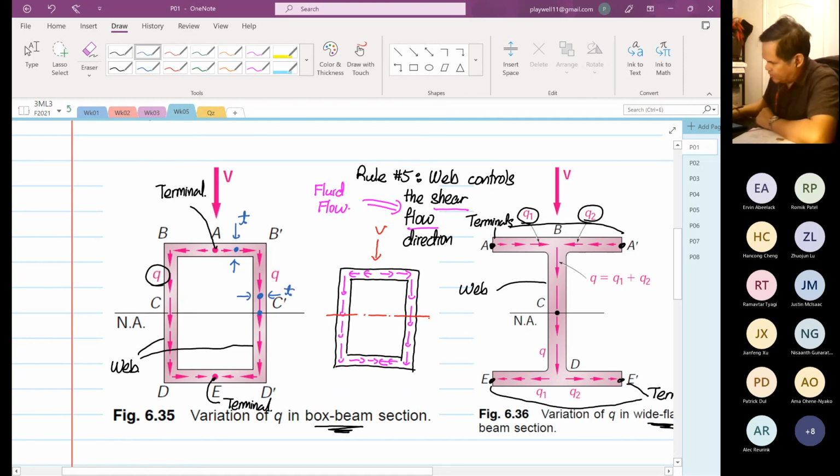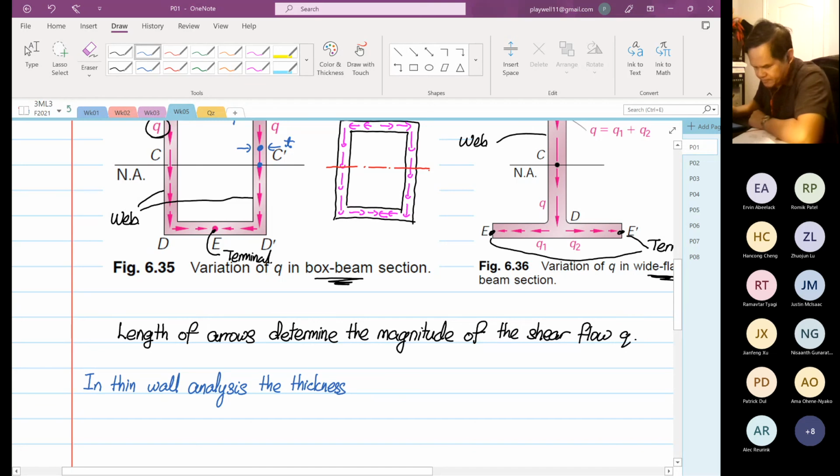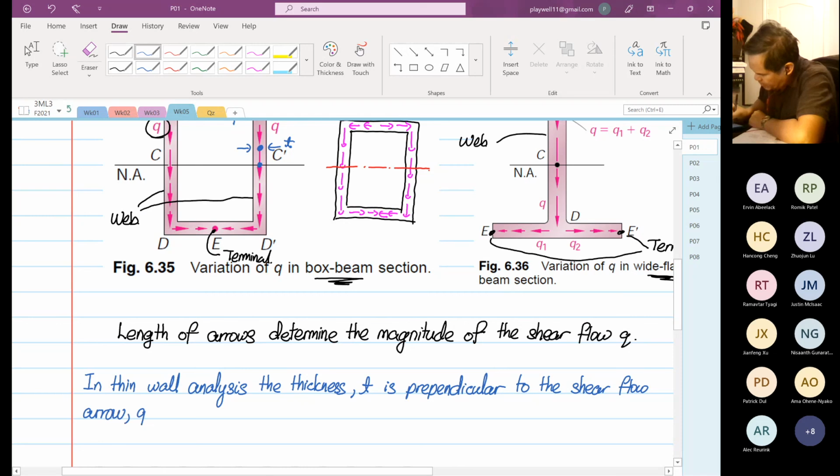So in summary, in thin wall analysis, the thickness t is perpendicular to the shear flow arrow q.